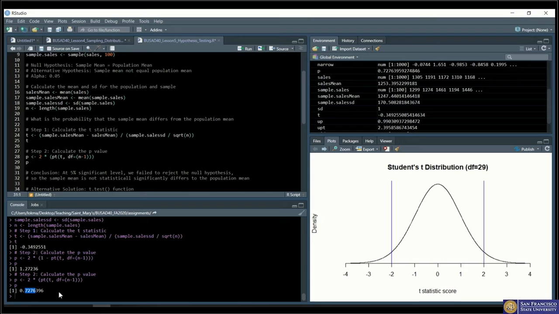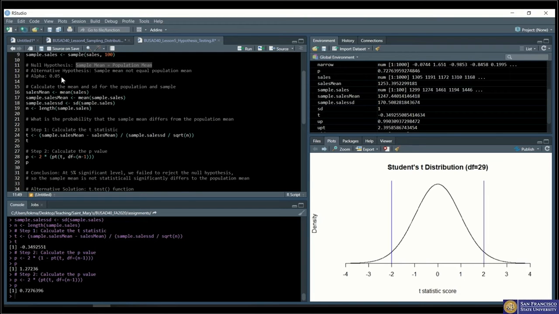which is 72.76%. It's huge, right? So we are bearing a very high risk in saying that the null hypothesis is not correct. Well, how much risk are we willing to take?